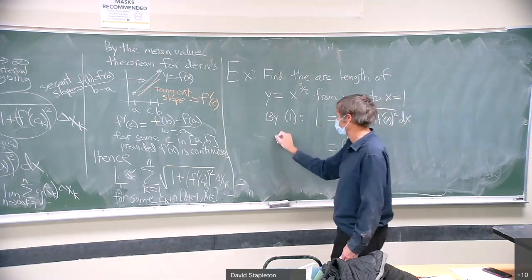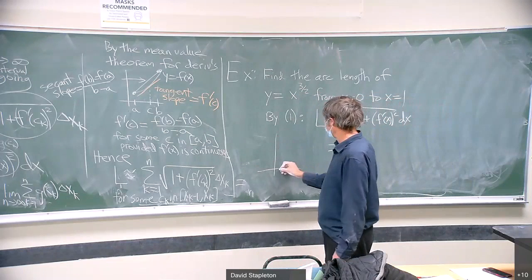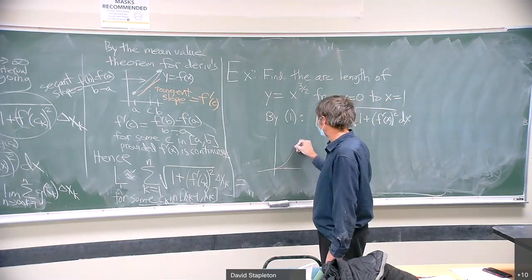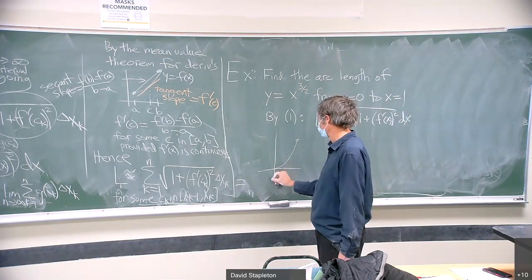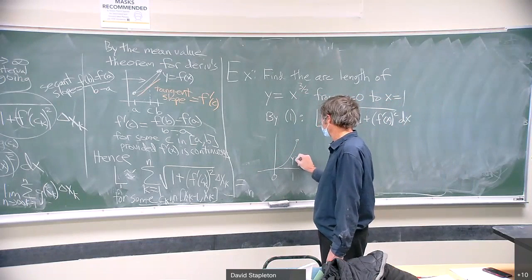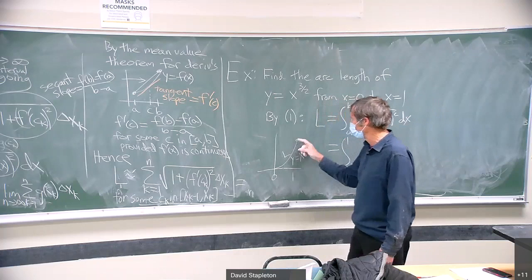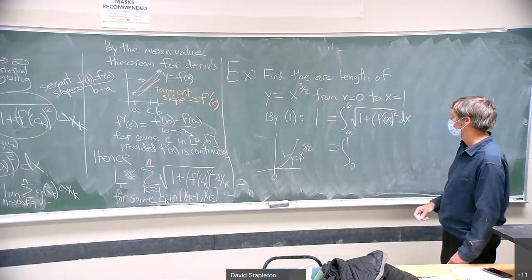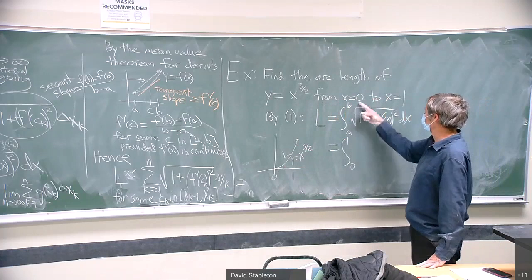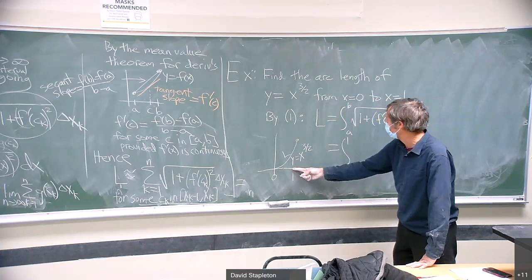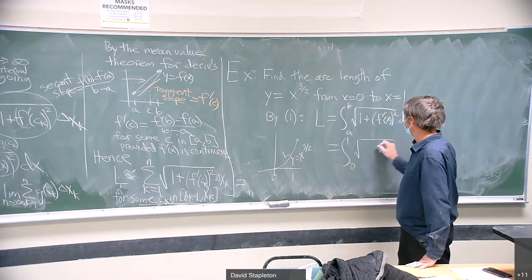Should draw the picture again. If y equals x to the 3 halves, a little less steep than a parabola, but it's bowed up like this, going from x equals 0 to 1. It looks about like that, right? And we want to know how long is that arc.